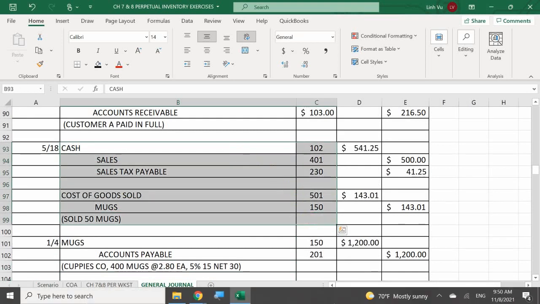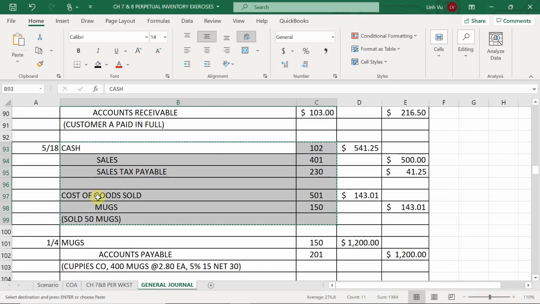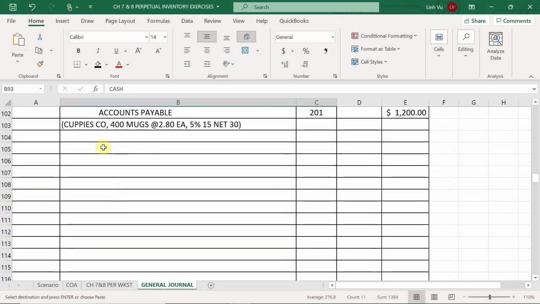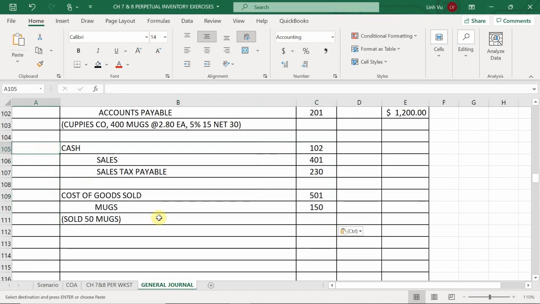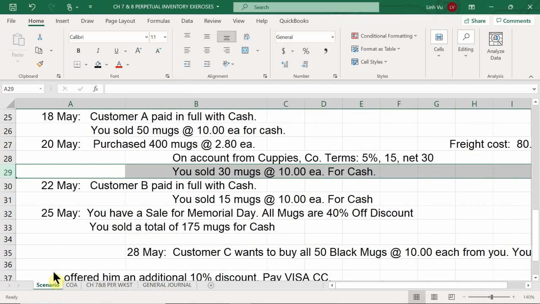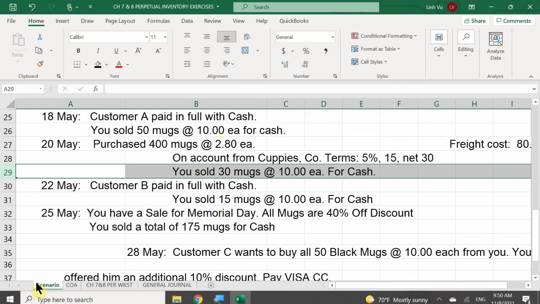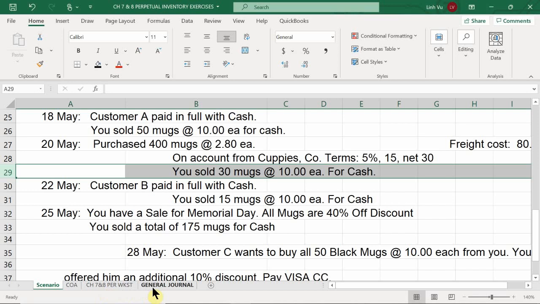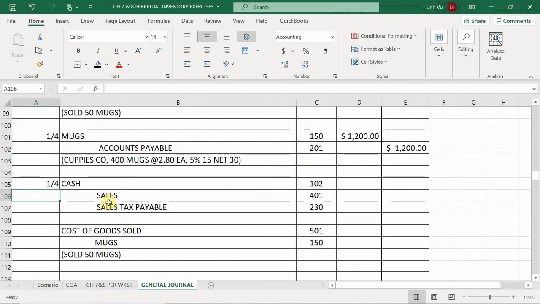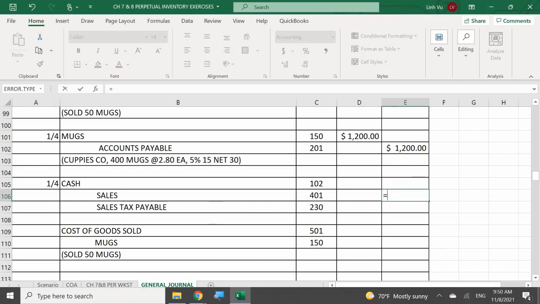And I also need to calculate my new cost of goods sold. Okay. On the same day, May 20th. So in this case, right, I end up selling 30 mugs for $10 each for cash. Okay. So therefore, how much is my total sales going to be? $300.